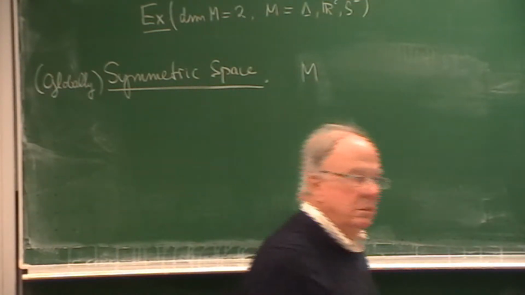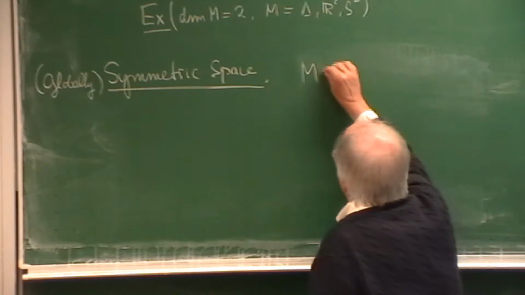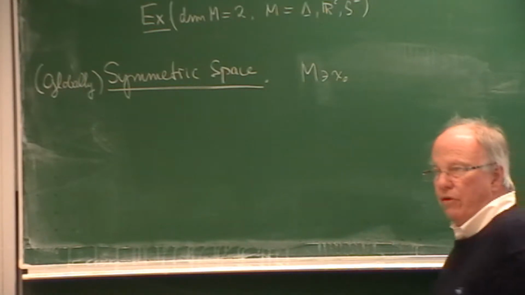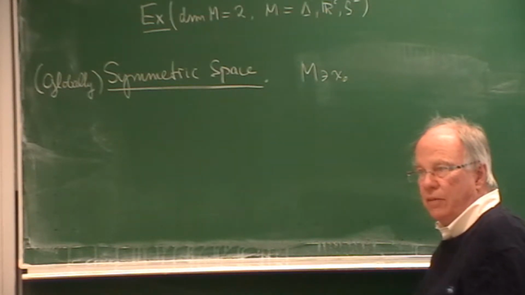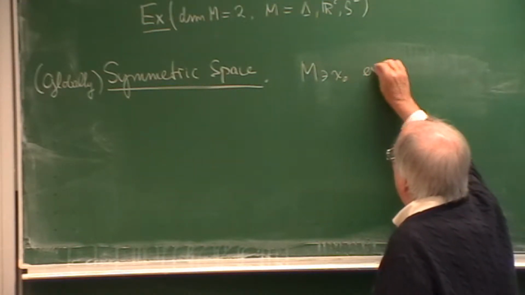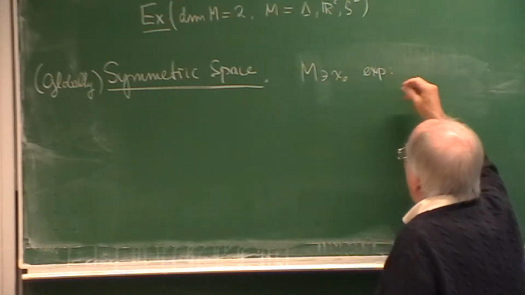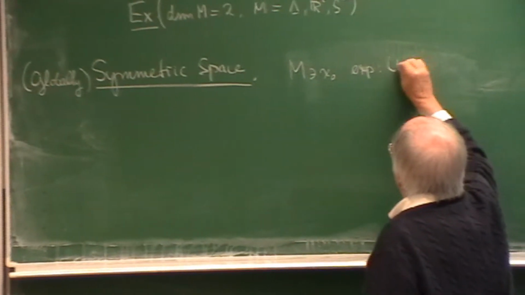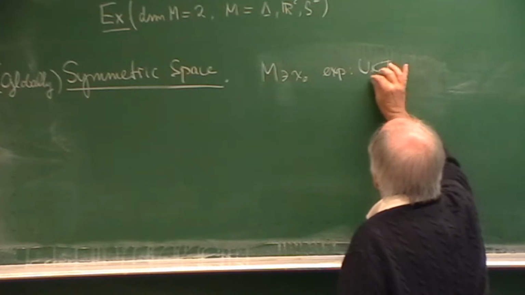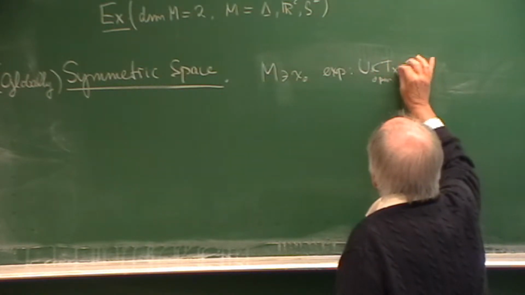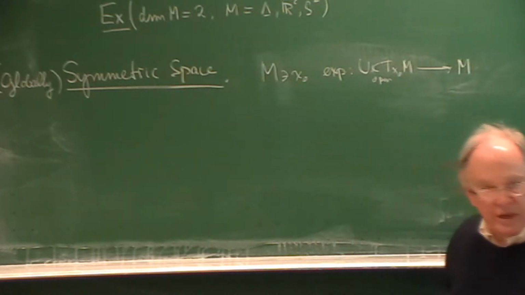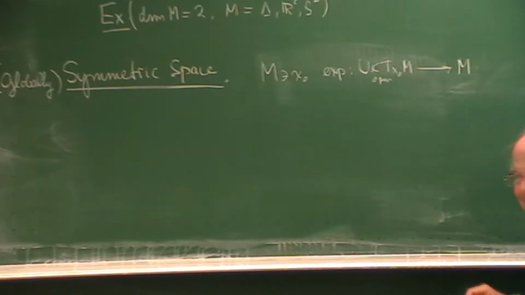You take M, and you take a point in M, and you know from the very elementary theory of differential geometry, basically of Gauss, you have the exponential map from some nice open neighborhood, maybe a coordinate neighborhood, in the tangent space at this point, into M. We have the exponential map. You remember what it is, I hope, right?